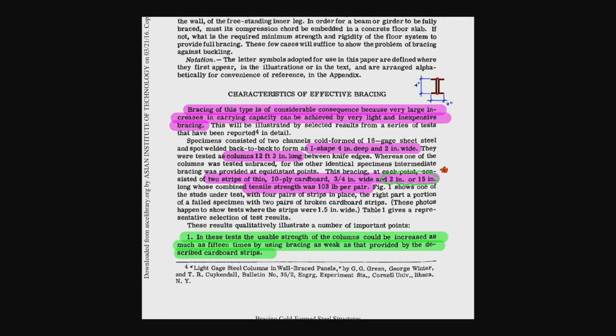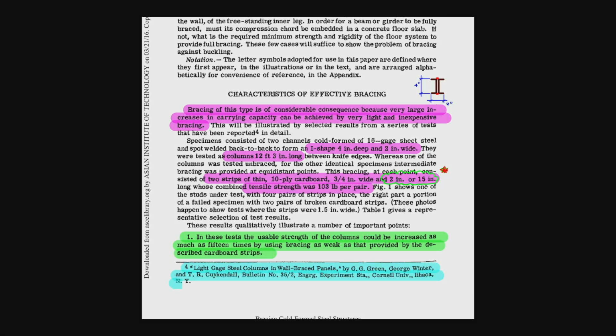So this paper actually comprises two main things. The first part of this paper talks about the experiments, and you can look further into the experiments if you wish by going into this paper.